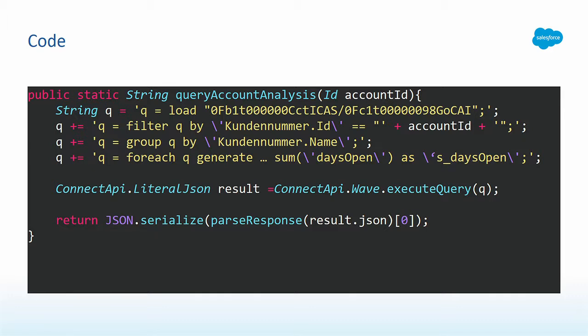Then we use the Connect API wave execute query to execute this query, push it into a Connect API literal JSON, then serialize it, and in the end, we serialize our result and give it back to our Lightning component.